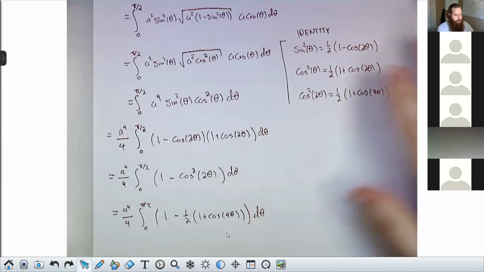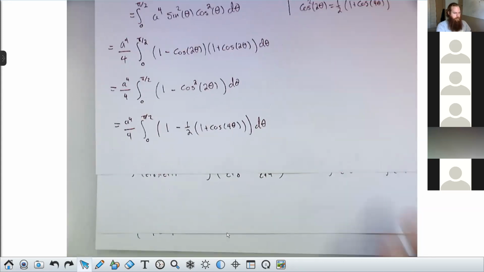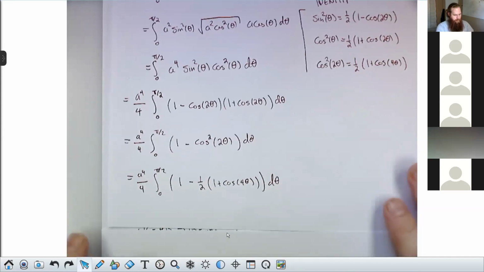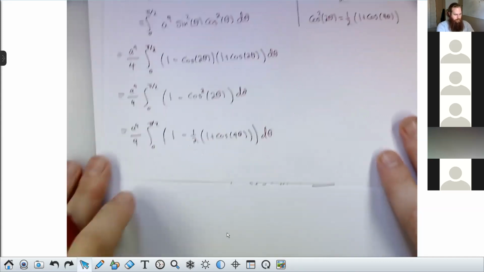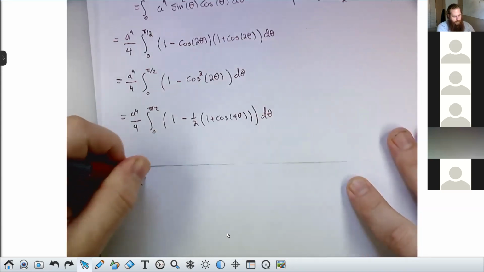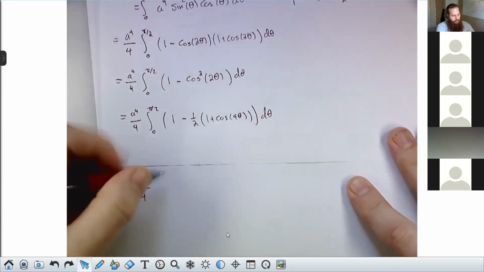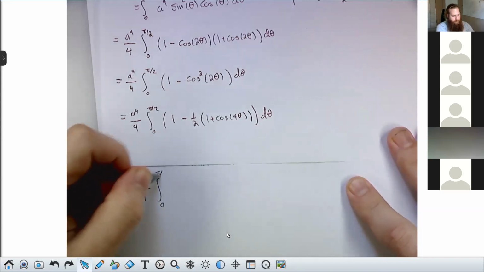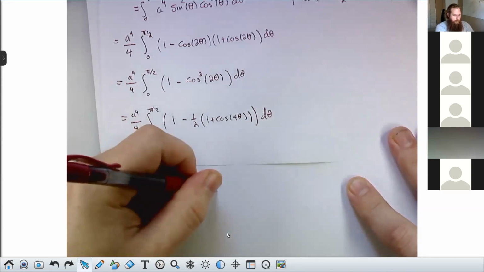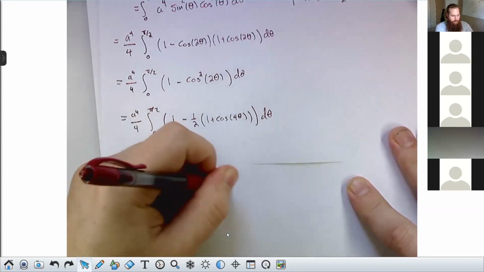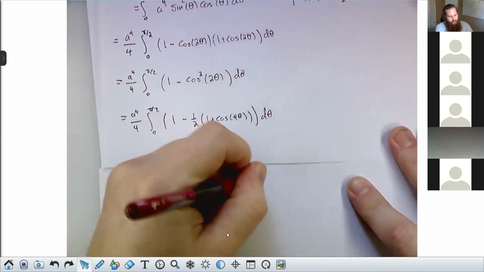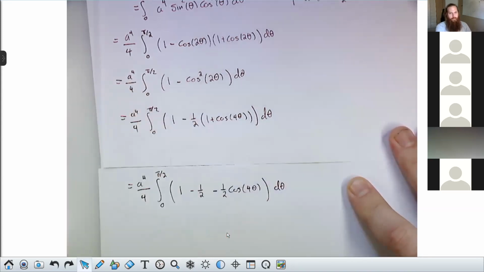But when I distribute, I'll have a to the 4 over 4, integral 0 to pi over 2, 1 minus 1/2 minus 1/2 cosine 4 theta d theta.